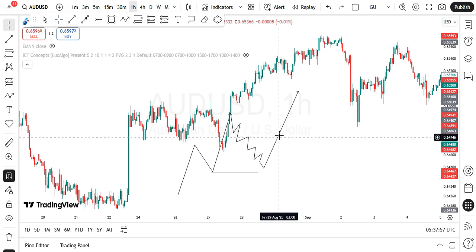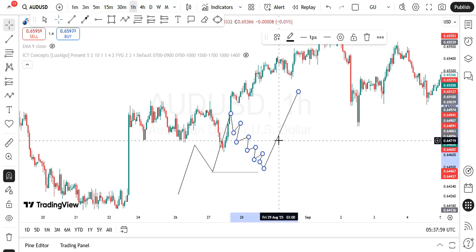Now, there could be situations where the overall trend is saying we are bullish, all right? But somehow you are seeing some sort of lower lows and lower highs within a particular structure.